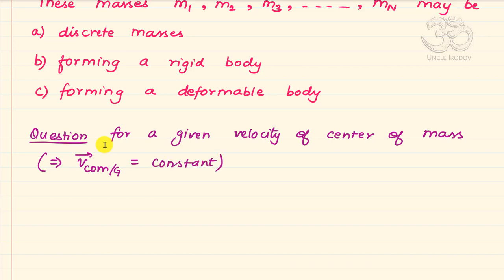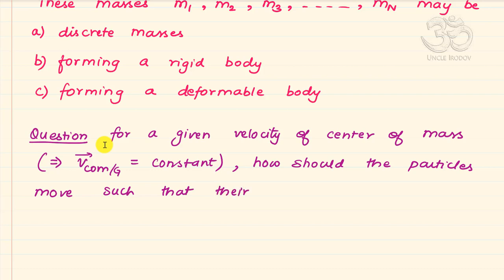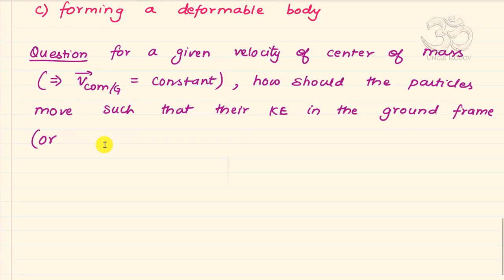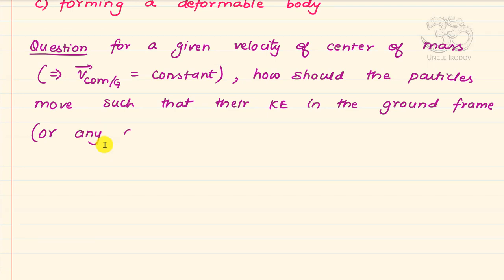So for a given velocity of center of mass, how should the particles move such that their kinetic energy in the ground frame, in fact I'm saying ground frame, but it is any other inertial frame, is minimum?